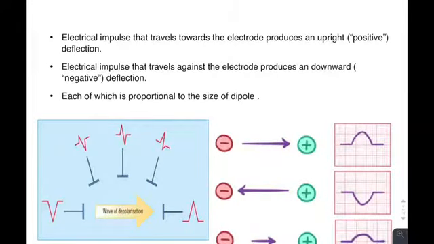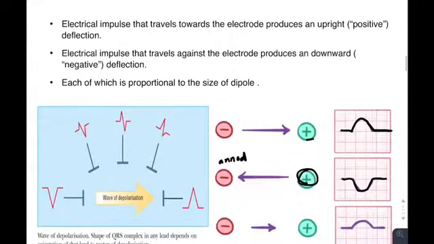Okay, if the electrical impulse travels toward the electrode, it forms a positive or upright deflection. But if the electrical impulse travels against the electrode, or toward the anode, it forms a negative or downward deflection.